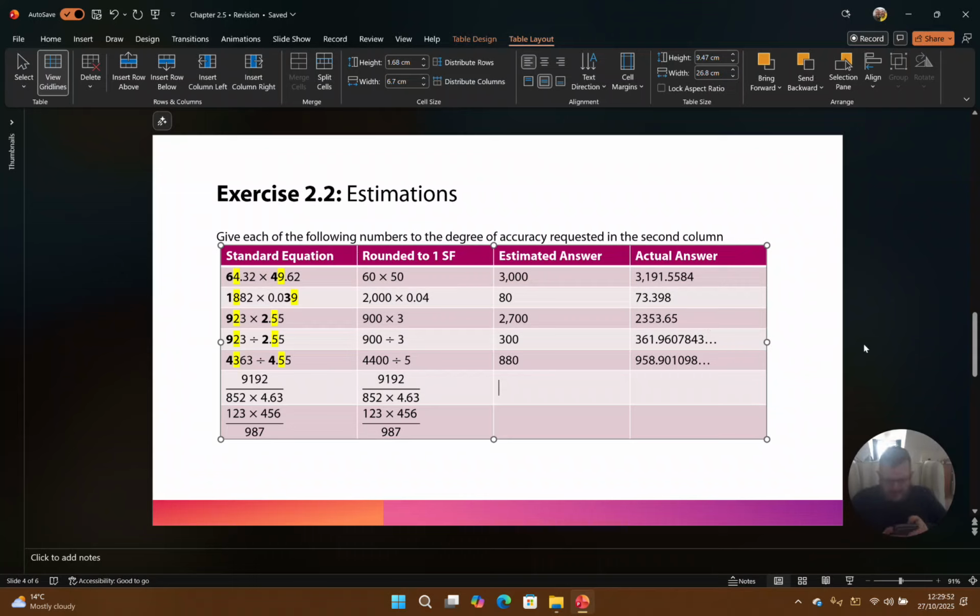And then we have a fraction to deal with. 9,000. Let me just round that down first.